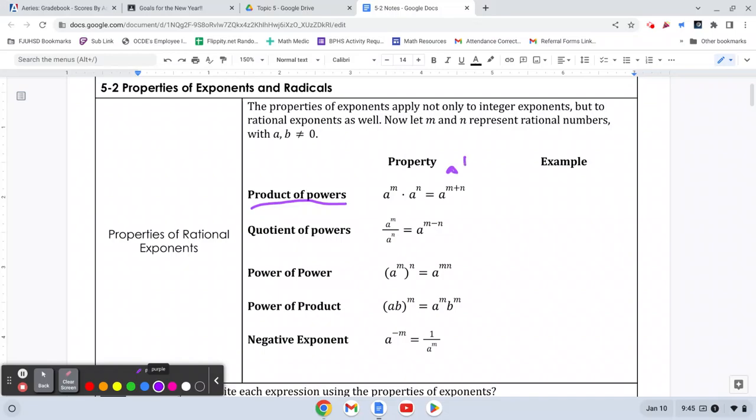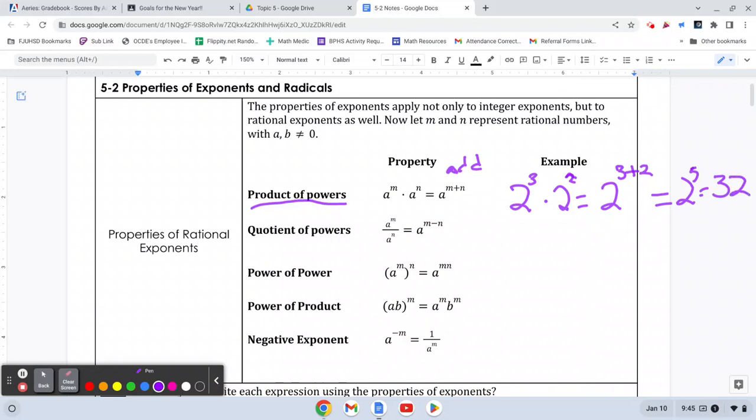So we add them here. An example of this would be, let's say we had 2 to the third times 2 to the second. That would equal 2, the base stays the same, to the 3 plus 2 power, or 2 to the fifth, which of course we keep seeing would be 32.